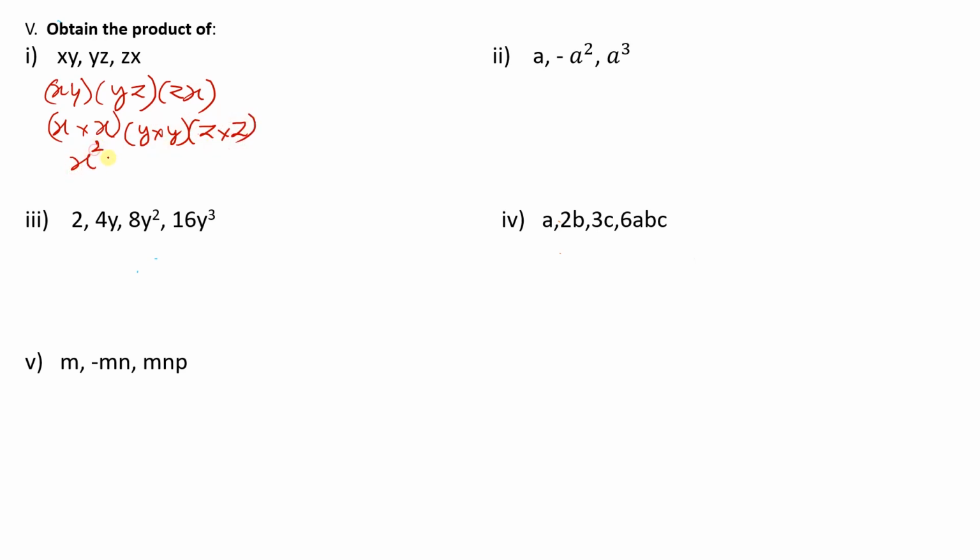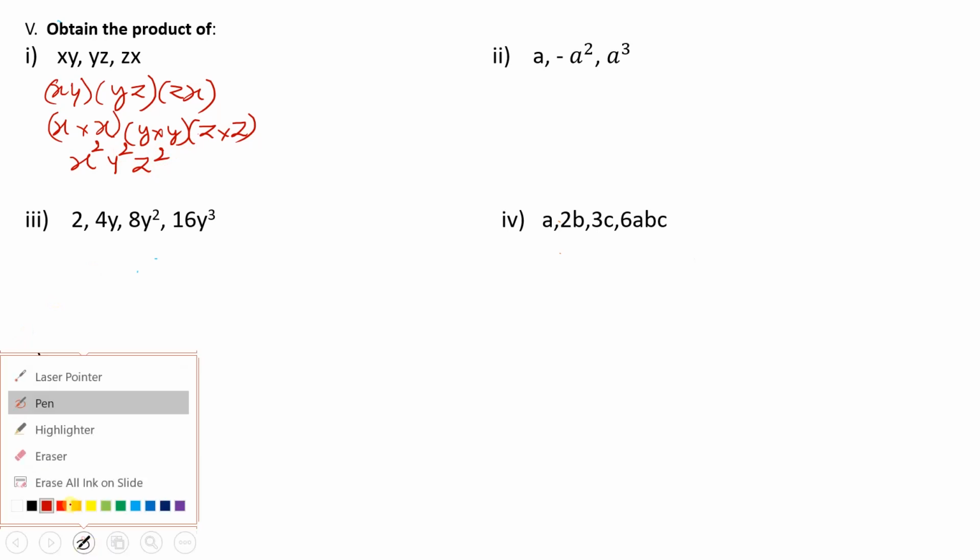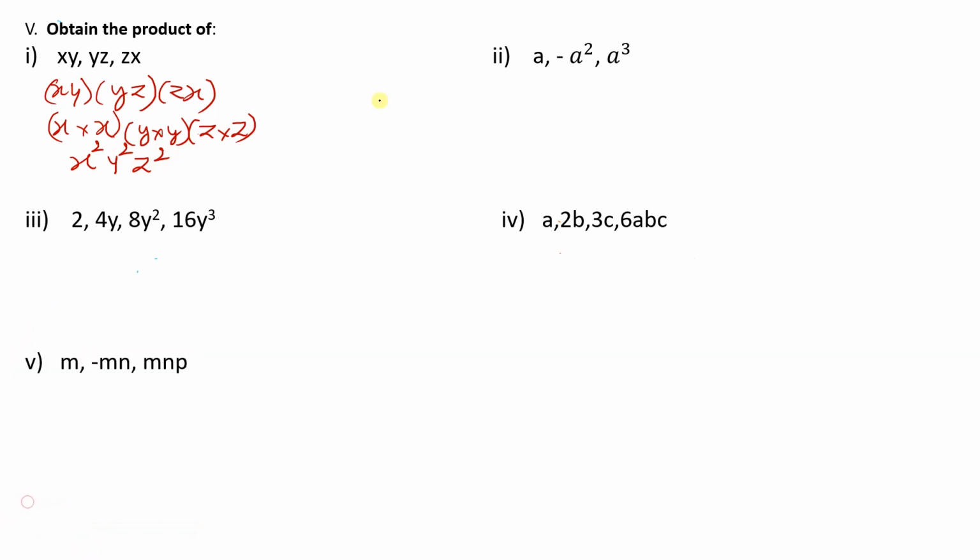It is x square, y square, z square. Next, it is a into minus a square into a cube. Since one of the terms has a negative sign, you will get the negative product. So a into a square into a cube. It is a to the power 1 plus 2 is 3, 3 plus 3 is 6.